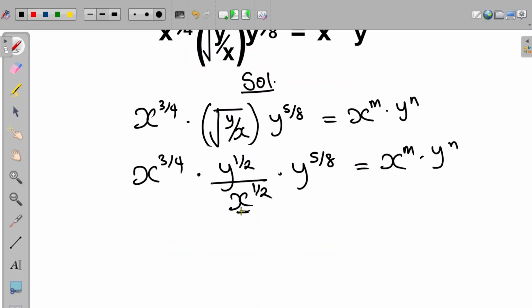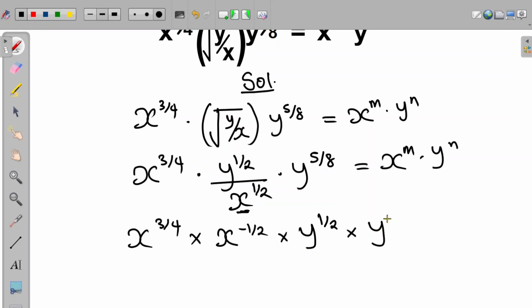This expression here can be written as x to the power of 3/4 multiplied by x to the power of minus 1/2, times y to the power of 1/2 multiplied by y to the power of 5/8, equal to x to the power of m times y to the power of n.